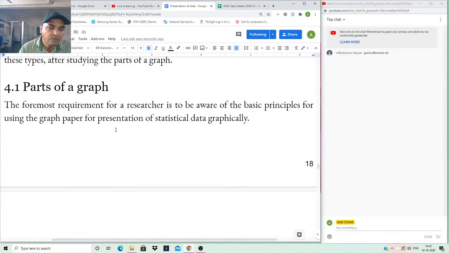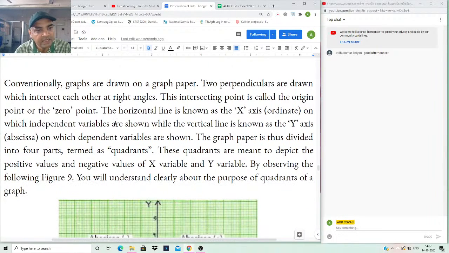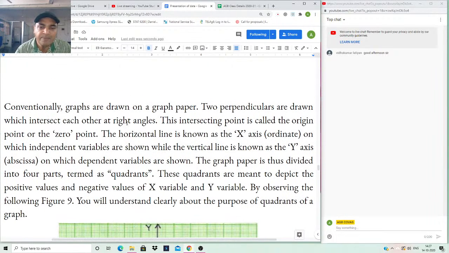Okay, so the foremost requirement for a researcher or a student is to become aware of the basic principles of using graph paper for presentation of statistical data, and how a graph is conventionally drawn.